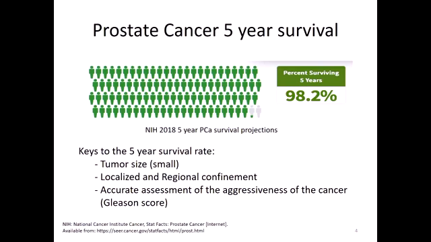And then the third is we have to have accurate assessment of the aggressiveness of the cancer. The aggressiveness of the cancer is measured by a Gleason score. The Gleason score is basically taken from biopsies where we look at the cells and compare the amount of normal, healthy, non-cancerous cells and cancerous cells.